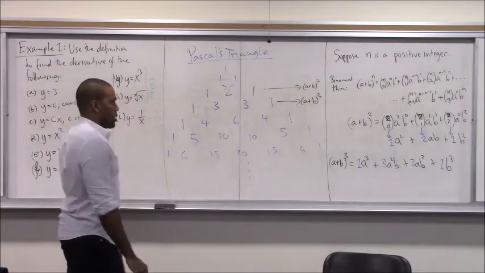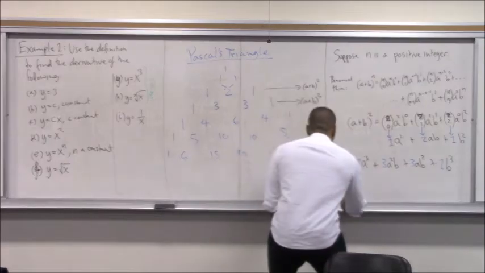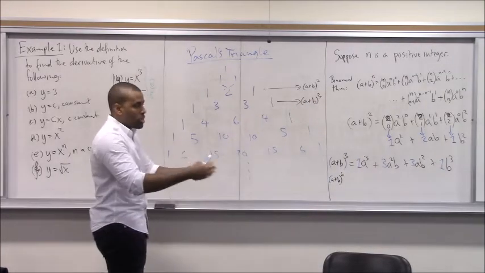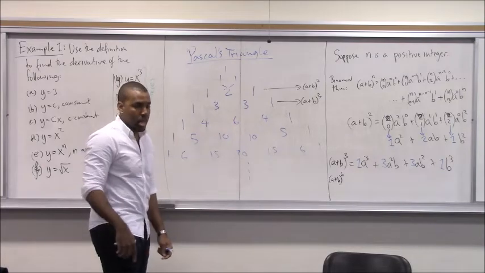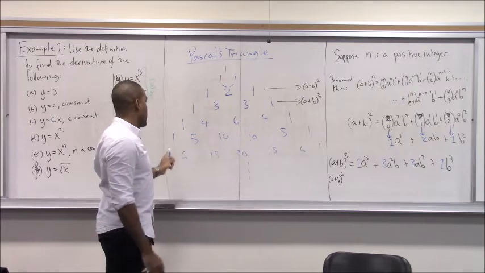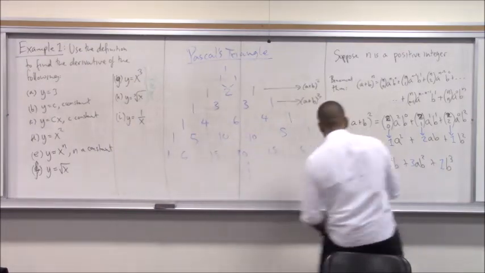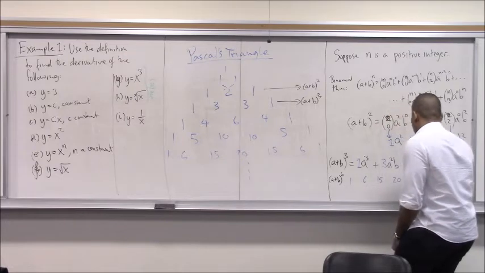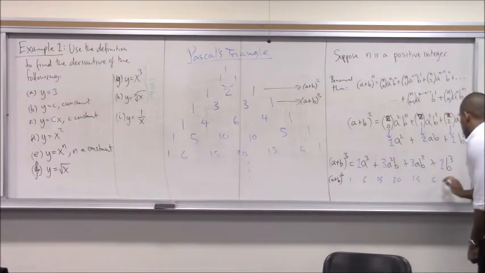So if someone were to ask you, what is a plus b raised to the 6th power? You could multiply a plus b by itself 6 times and spend the rest of your night foiling, or you could realize that the coefficients are going to be 1, 6, 15, 20, 15, 6, and 1.